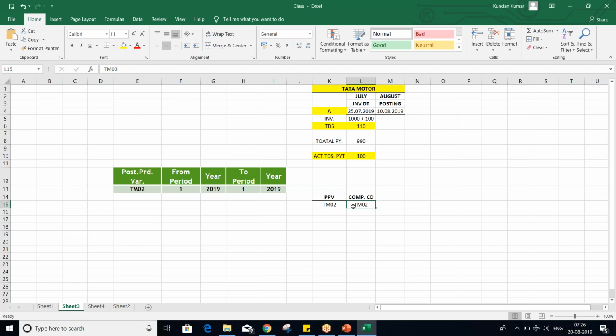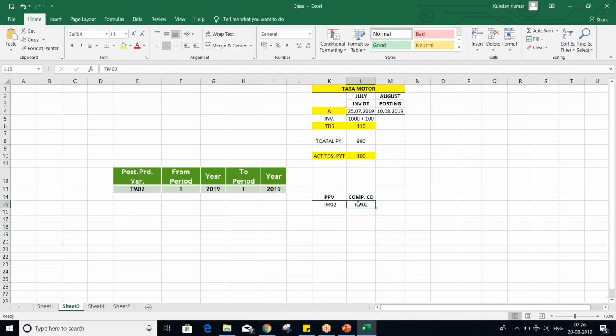Now what is the use of this posting period variant, guys? It controls the transaction posting for a specific period, in the sense of a month. I'll give a very easy example, and then we'll show you in SAP how it happens. Let's suppose we have TM02 as the posting period variant, linked with your company code.